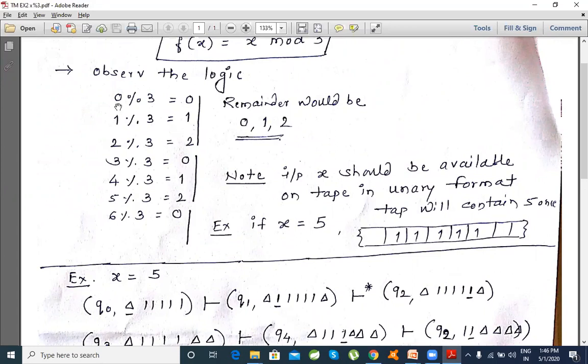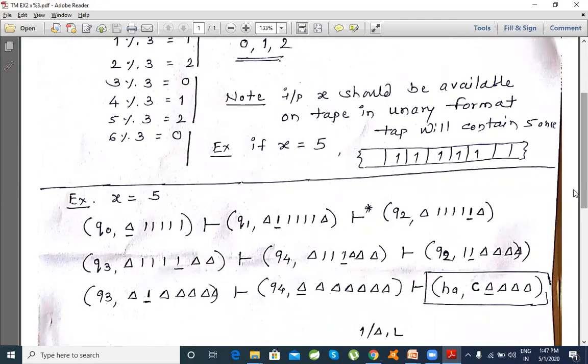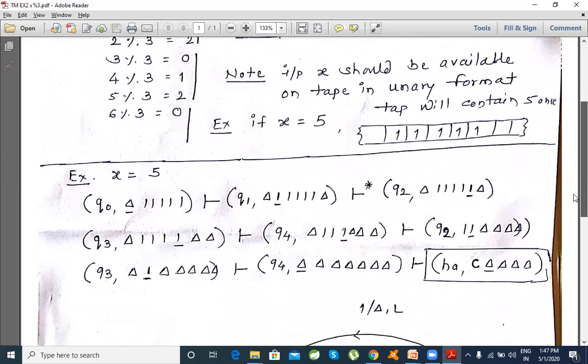And we need to count the total number of ones available on the input tape. That will decide the remainder, along with the number of states in my Turing machine. Let's look at it with an example. We'll follow the example first and then look ahead.